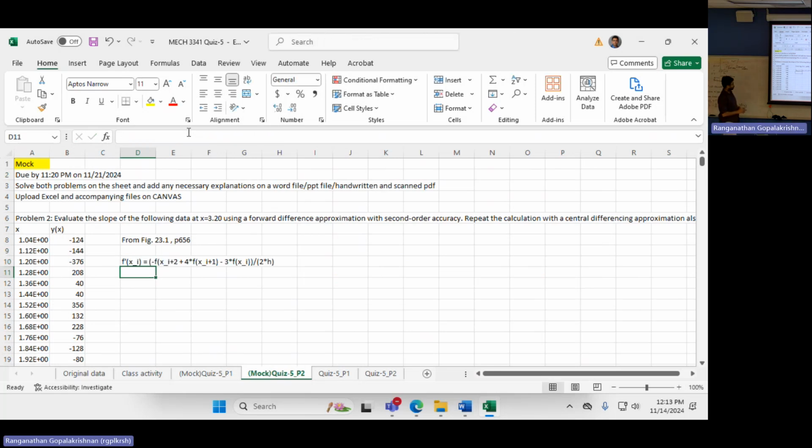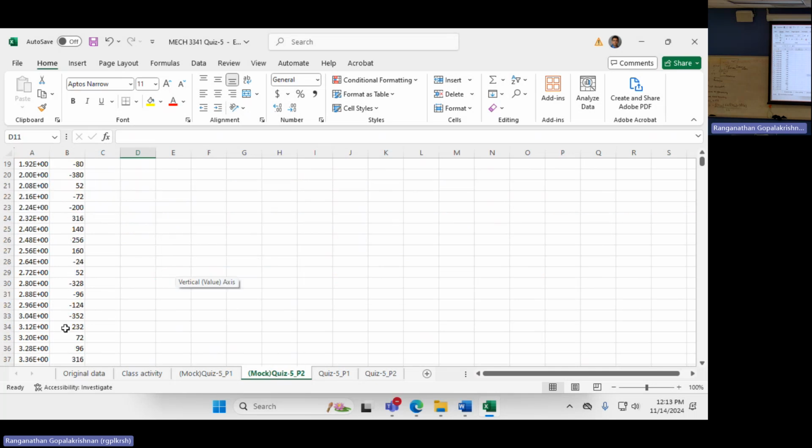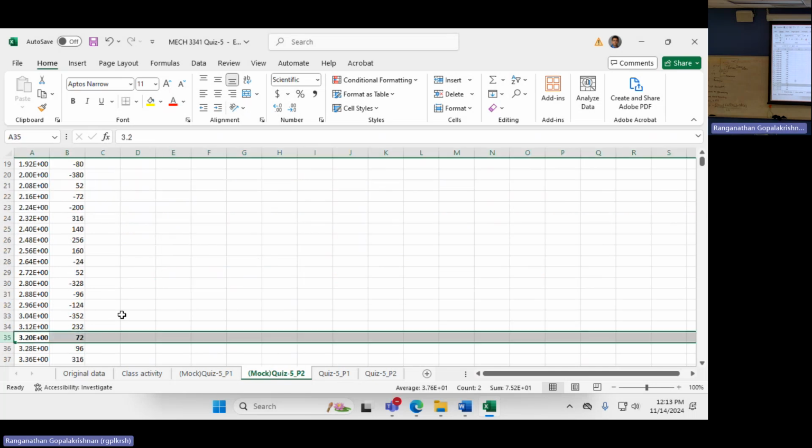So what you've got to do is, if I want the slope at 3.20, that 3.20 point becomes your i. The next point is i plus 1 and the next point is i plus 2. You would have to implement this formula at i to get the slope at i. Let's identify where 3.20 is in the table. Here is 3.20.